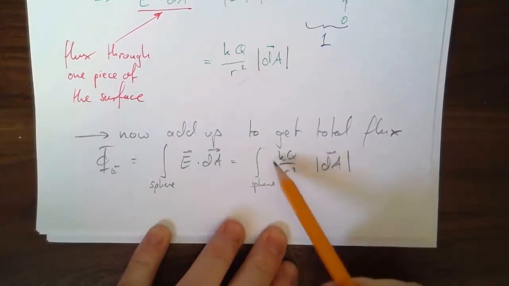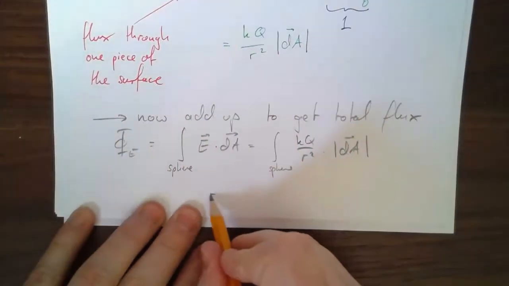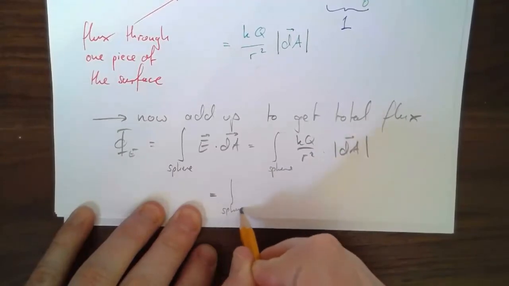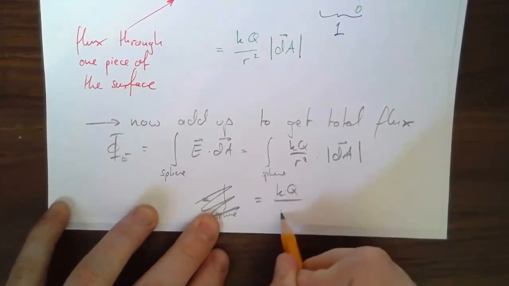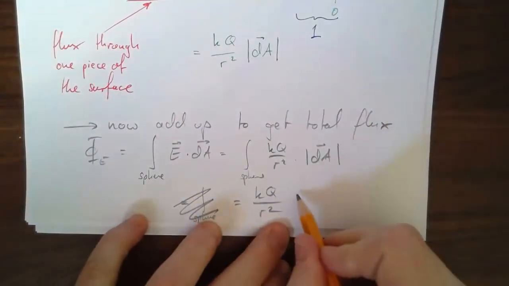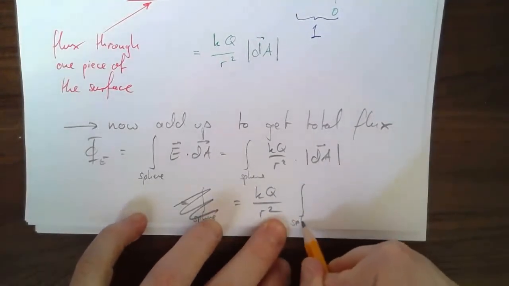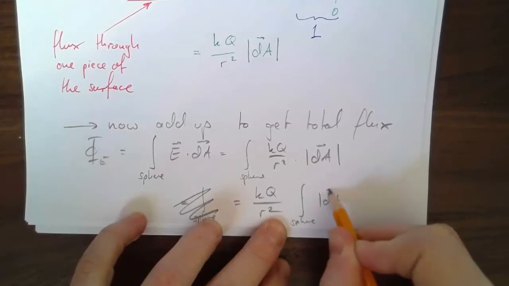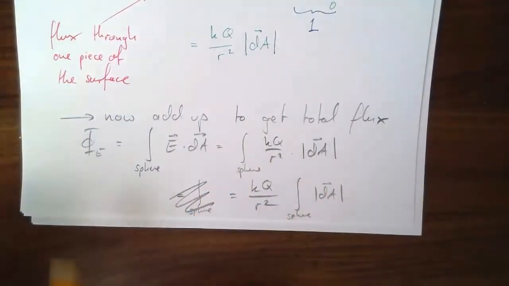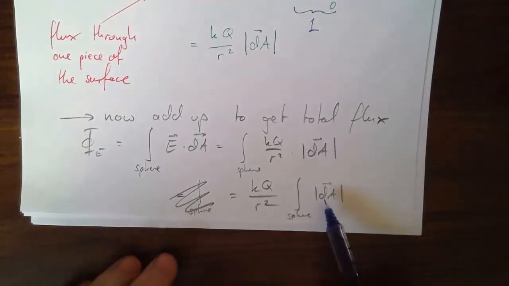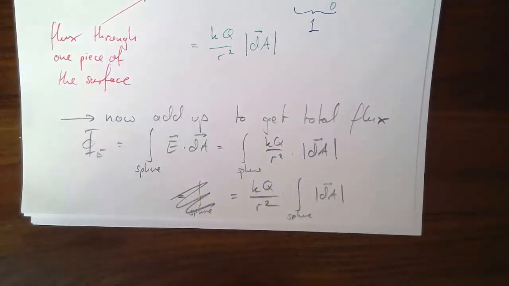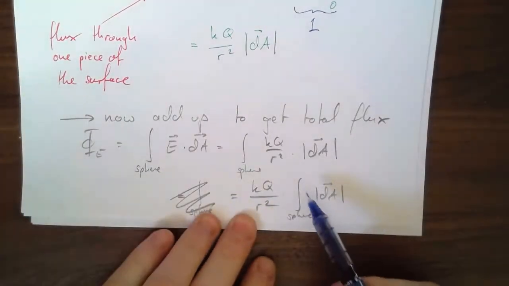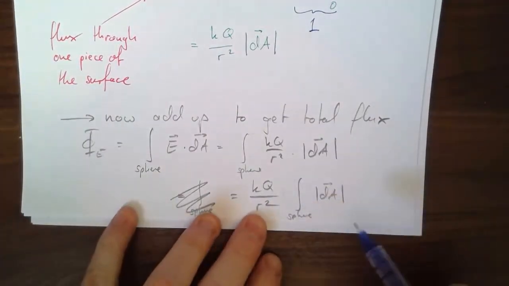This whole factor is the same for each one, so I can take kq over r squared out the front of the integral, times the integral over the whole sphere. We're just adding up the areas. What is that? I take the size of each tiny piece of the sphere puzzle, don't multiply it by anything, and add them all up until I've got the whole sphere.